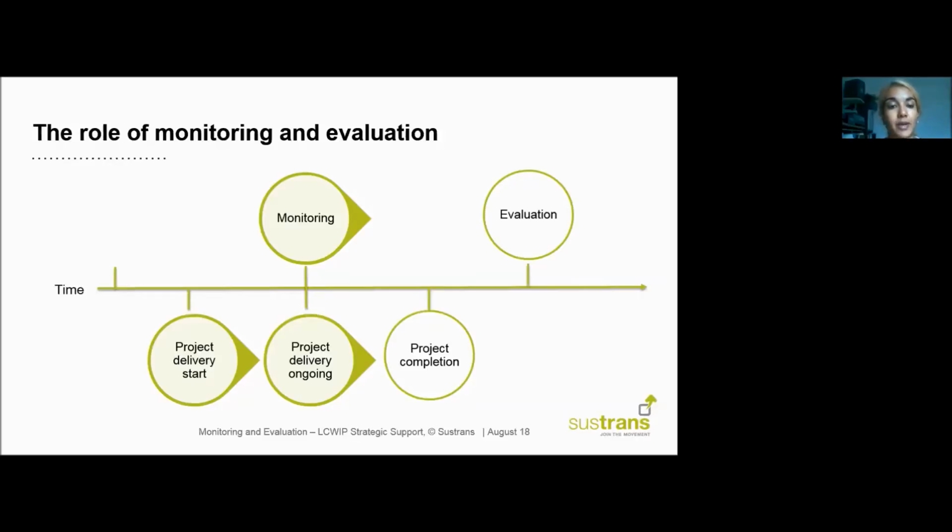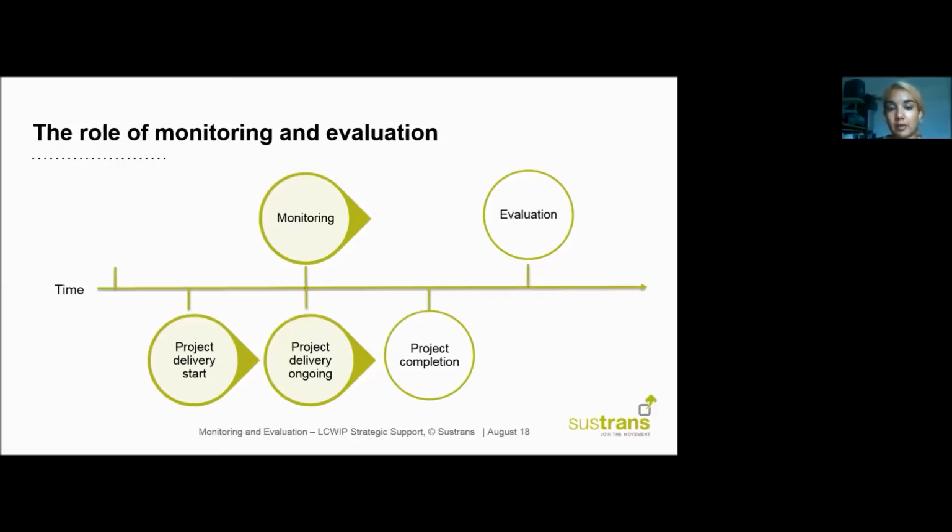The first of which is that when you start to plan your project delivery, what you should also be doing is planning your monitoring delivery so that both of these processes can be happening at the same time and can occur smoothly. And the second is to highlight that it's the monitoring data which is collected throughout the project that feeds into the evaluation. You can see the evaluation takes place there on the right-hand side of the screen after the project is completed.